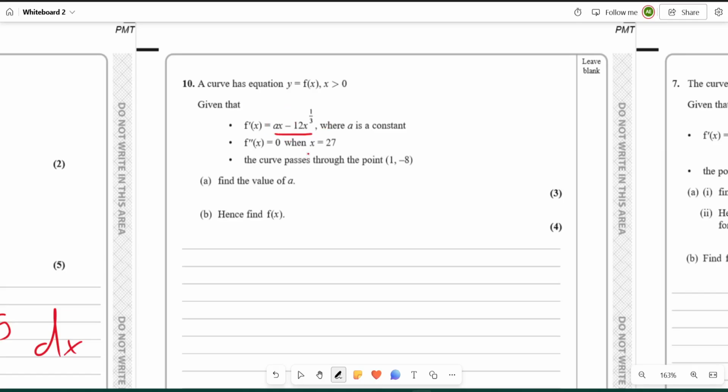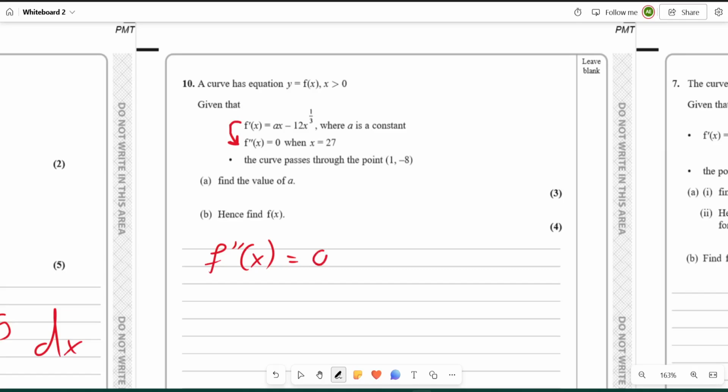So first of all, I know that if I differentiate f dash of x, I will get f double dash of x. So let's differentiate. So f double dash of x is going to be the differentiation of this. So what is the differentiation of a multiply x?